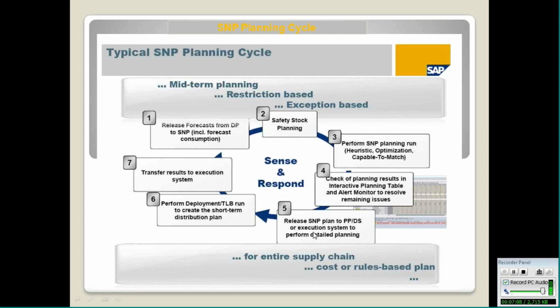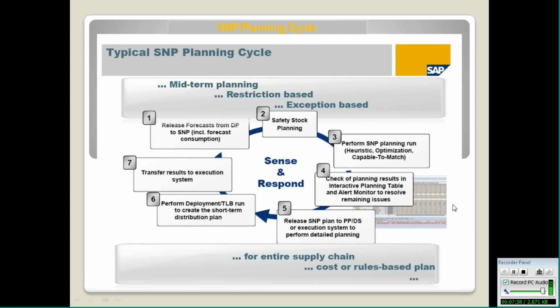So till this point the planning part is over, then we need to perform the deployment and TLB for the short-term distribution plan. Then these results we are releasing to the transfer system, nothing but the ECC system. So there they will do the execution, and physically the stock will move from plant to DCs and DC to DCs.